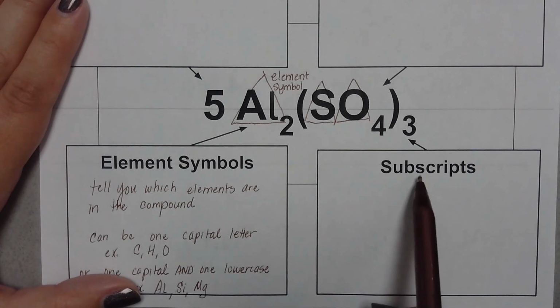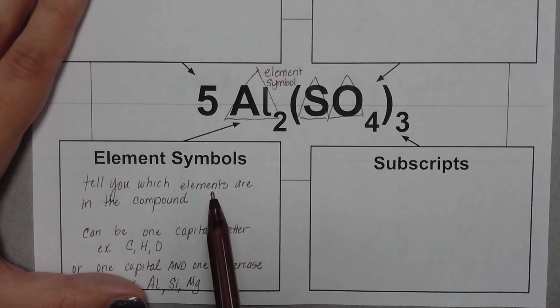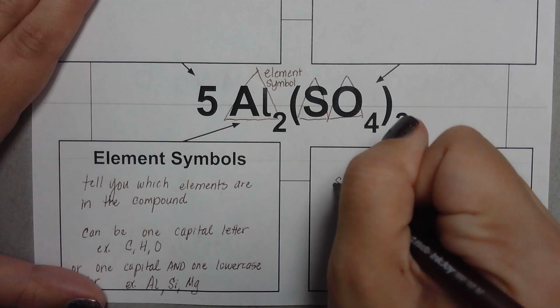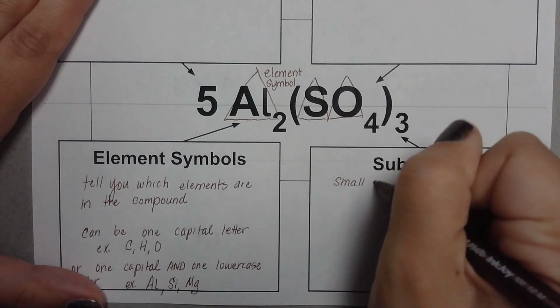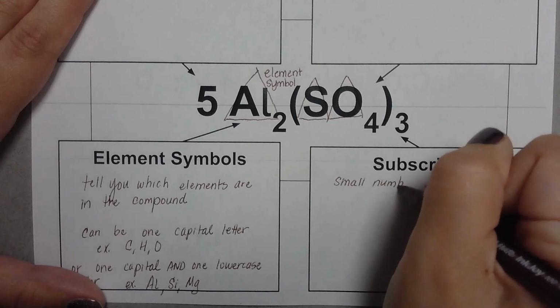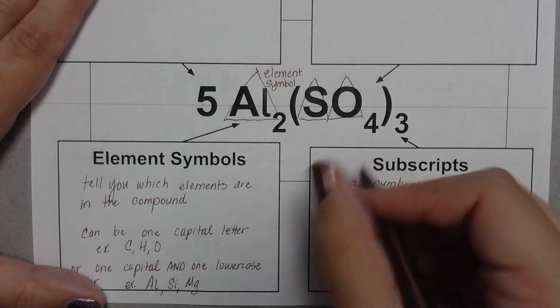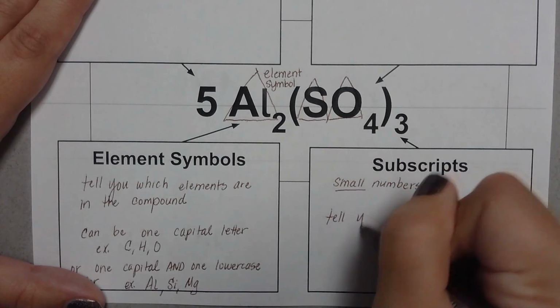Next, we're going to talk about subscripts, because these are the next most important thing after the element symbols. Subscripts are the little numbers, the small numbers. And these tell you how many atoms of an element you have in a compound.